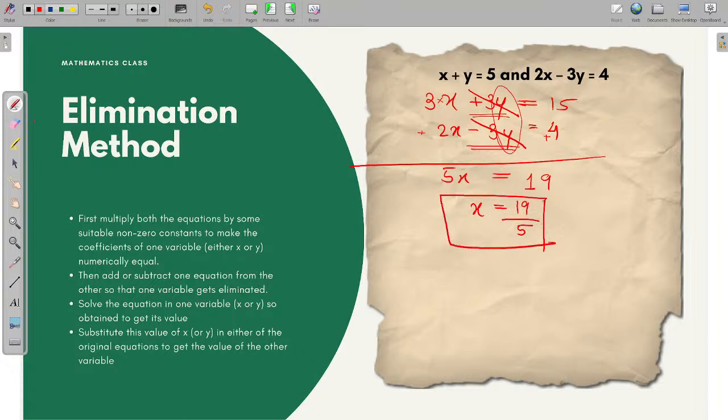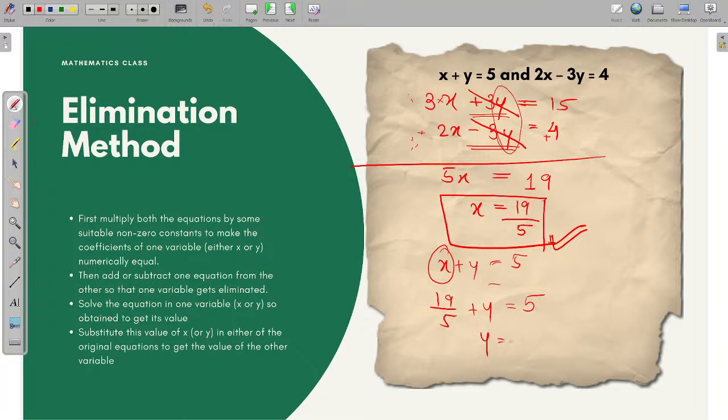Now the next remaining thing is you got the value of x, just put it in any of the equations and you'll get the value of y. Okay, let's go with the first equation only. x plus y is equal to 5. So instead of x I'll write 19 by 5, plus y is equal to 5. Clear?